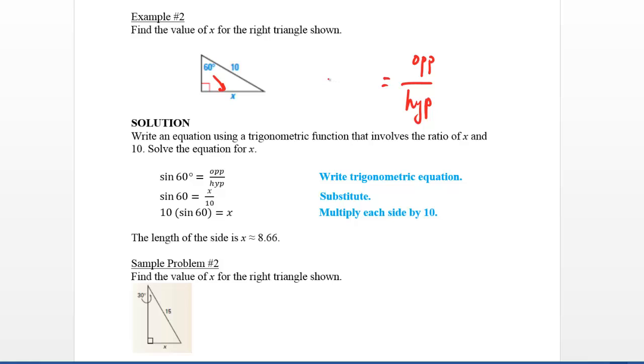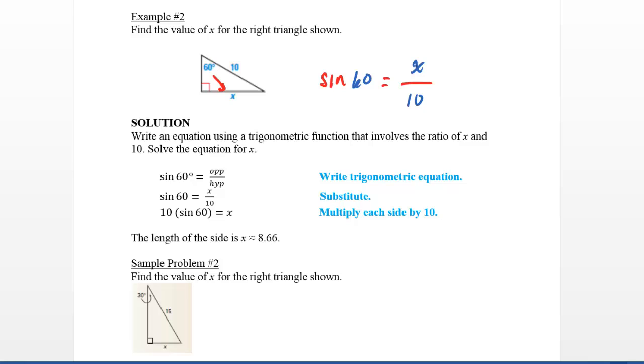I know opposite over hypotenuse represents the sine of an angle, and in this case our angle is 60. So we can start to replace the parts that we already have. I have 60, the hypotenuse is 10, and the opposite side is the missing x. That's where we come up with our equation.